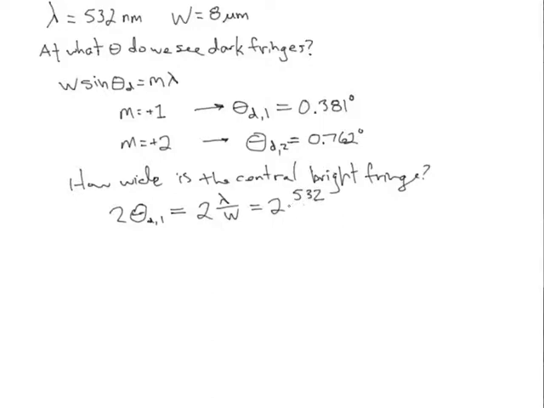We can do 530 nanometers, and if we convert our slit width of 8 micrometers into nanometers so that the units cancel out appropriately, we get 80,000 nanometers.